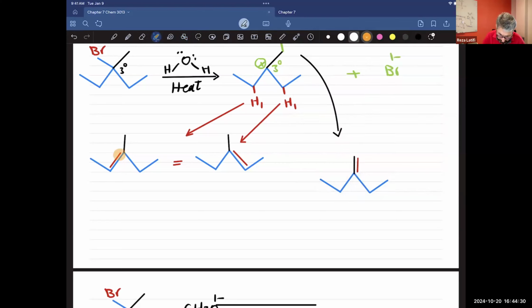We have a double bond here, which is equal to that one, and another double bond there. Which one has more substituents? The two on the left have more substituents, so they will be the Zaitsev product. This one will be the Hoffman. And the one with more substituents will be more stable.